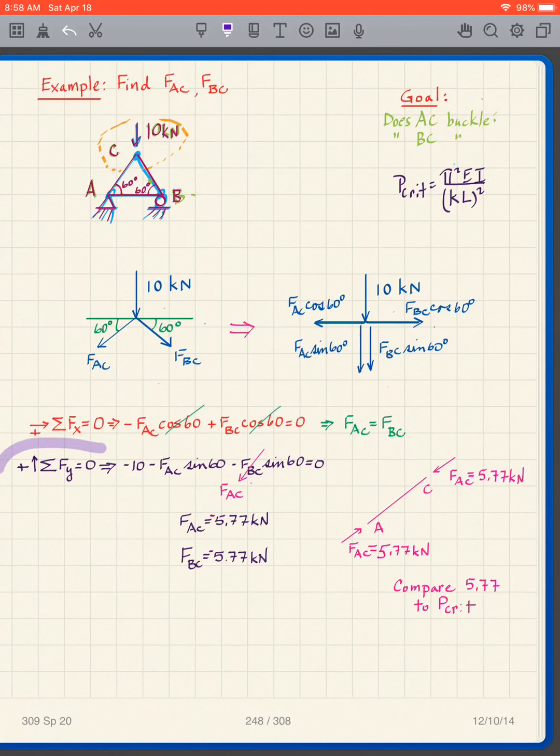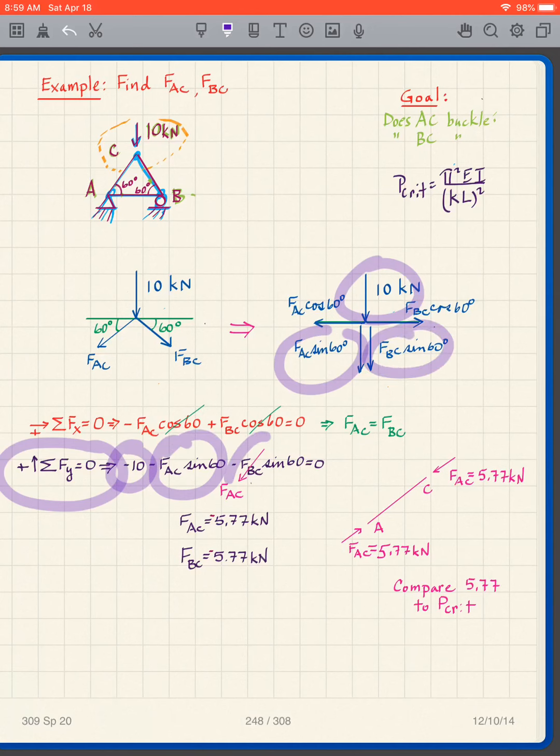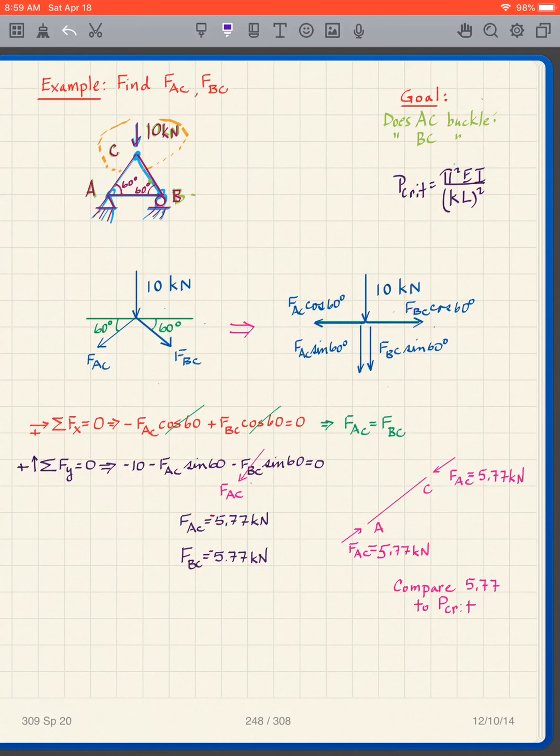Then I take the sum of the forces in the y direction equals 0, with upward being positive. So I have what? That's negative 10. Everything's going down, so everything's negative. Minus FAC sine 60, minus FBC sine 60. In this particular case, it's easy to solve these problems because I use that FAC equals FBC.